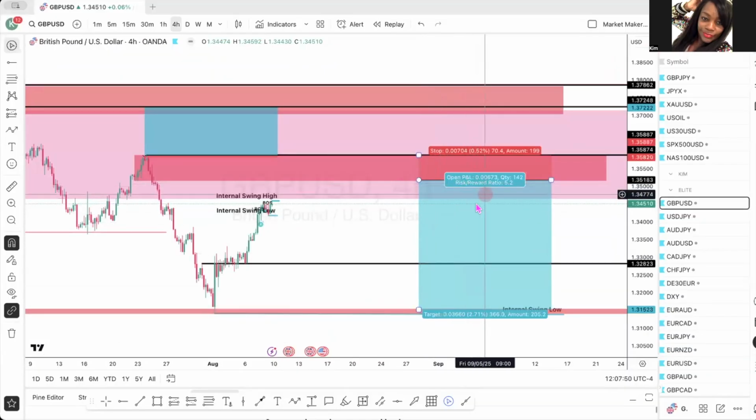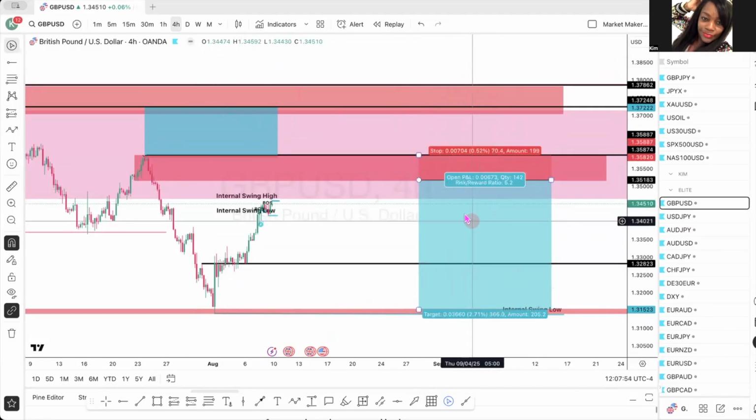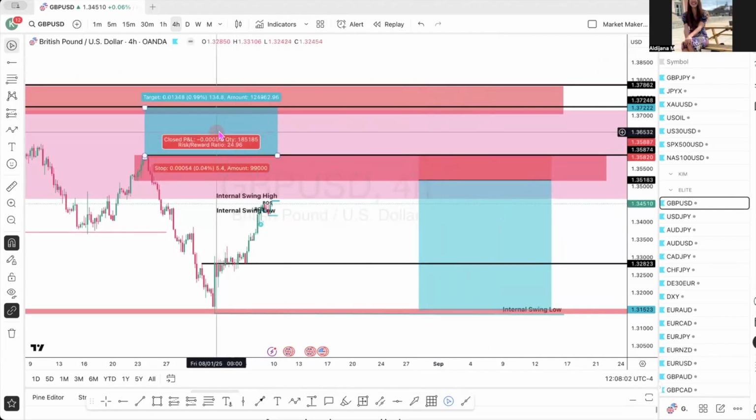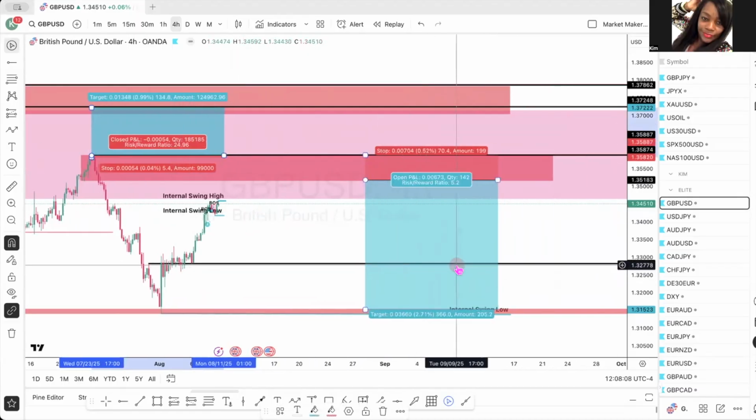Like this here, and then this one here, this is the short position. Short meaning you're looking for sells, right? And then the long position means you're looking for buys.